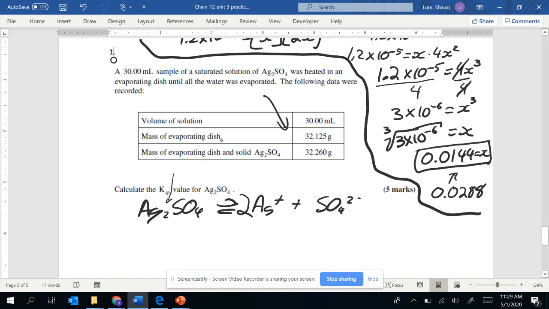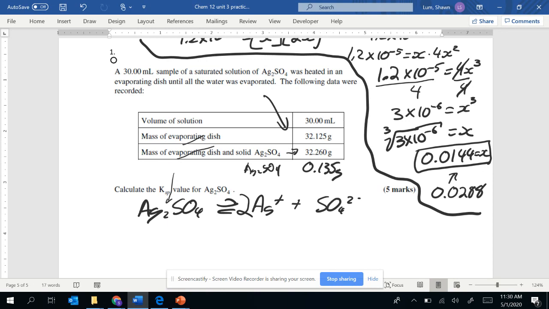If I take this number and subtract it from the evaporating dish, then you'll just have solid Ag2SO4. So 32.26 minus 32.125 equals 0.135. That's how many grams of Ag2SO4.